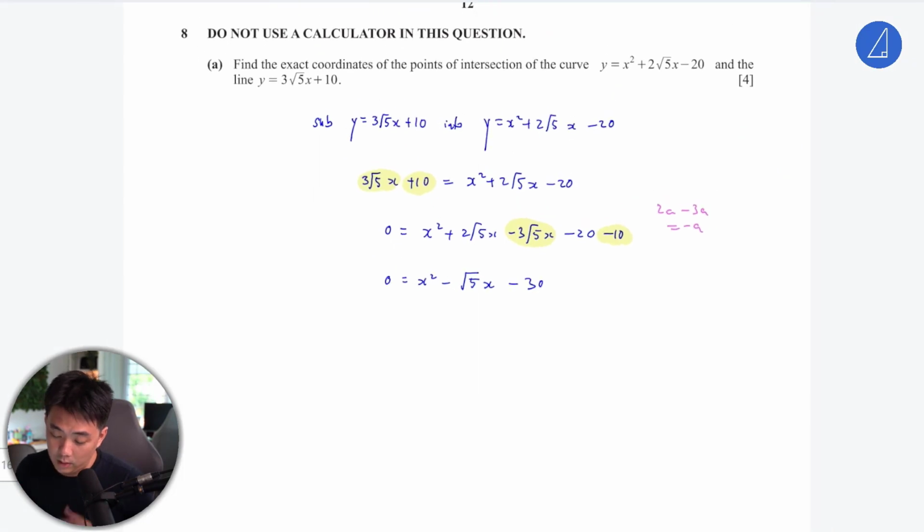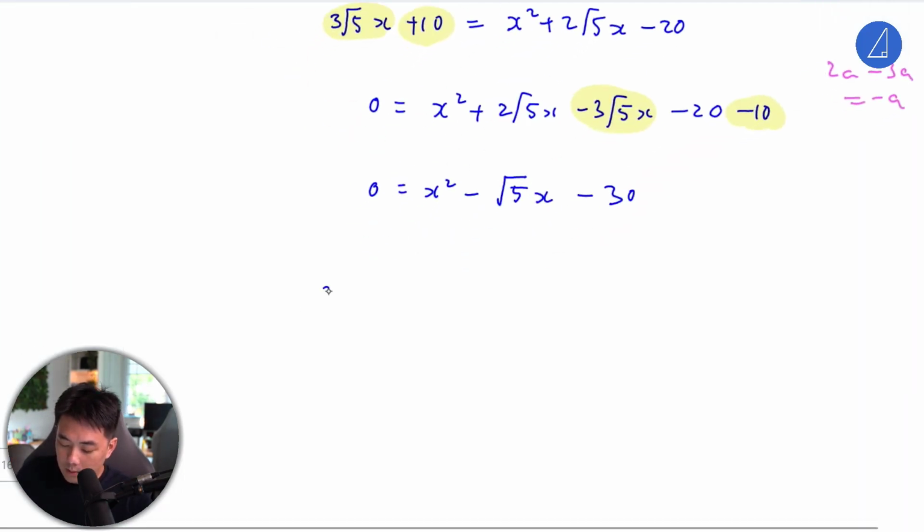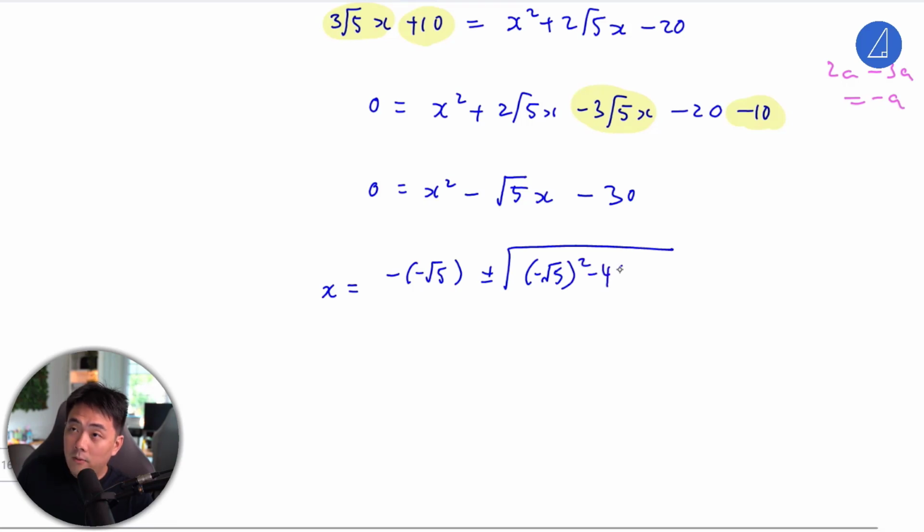All right, so we need to solve this question, solve for x without using calculator. So we're going to use the formula minus b plus minus square root of b squared minus 4ac over 2a.